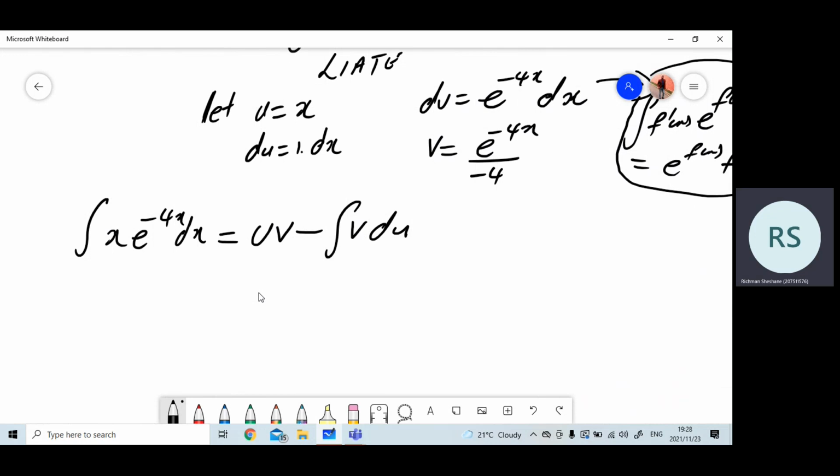When I'm substituting, it will be u times v. This is u multiplied by v. It's going to be minus x e to the minus 4x over 4. This is my first step. Minus integral of v.